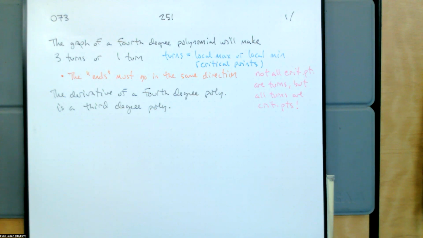The reason that we care about this is that the first derivative of our polynomial is going to tell us where the critical points are. The zeros of the derivative tell us about the critical points of the function.